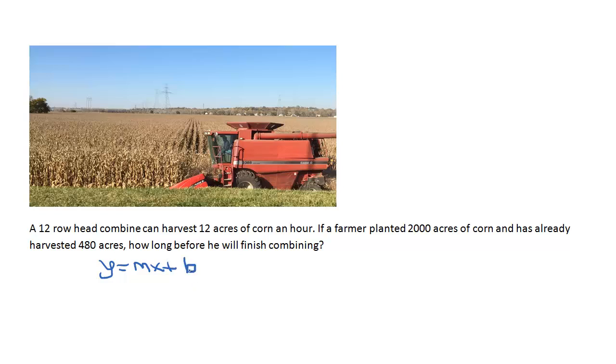And let's put the correct values in for m and b. The change is the acres of corn per hour, so that is our m. And our b is the number of acres that he has already harvested at time 0.